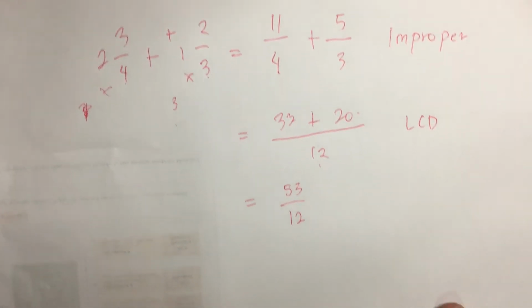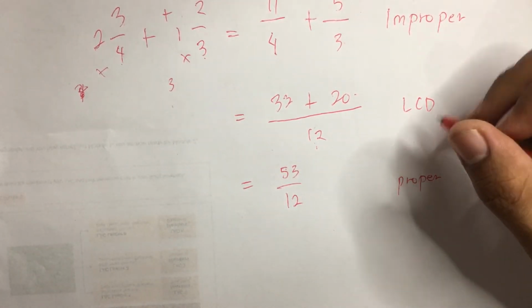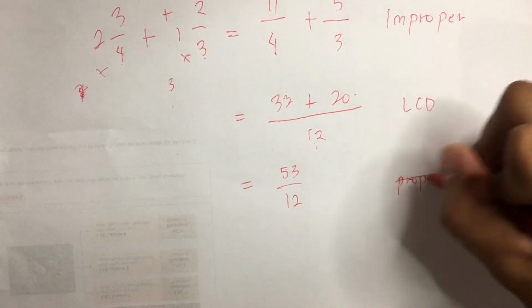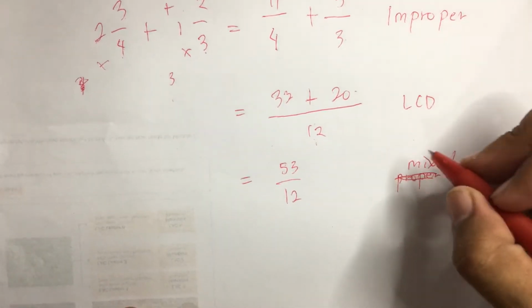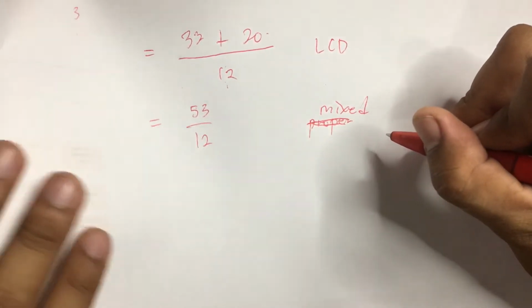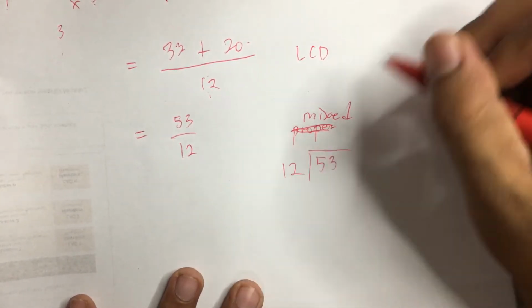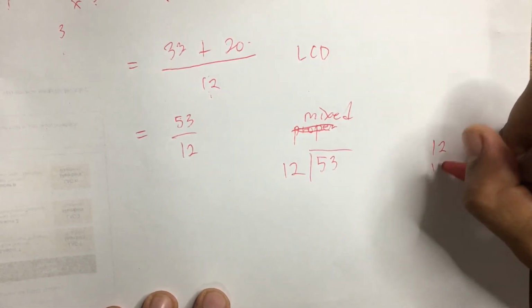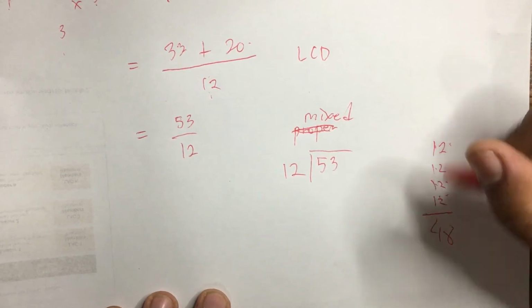So 53 over 12, you may leave it as is, or you may transform this into a mixed number. Let's transform that. We have 53 divided by 12. How many 12s are there in 53? Let's try: 4 times 12 is 48. 53 minus 48 is 5.